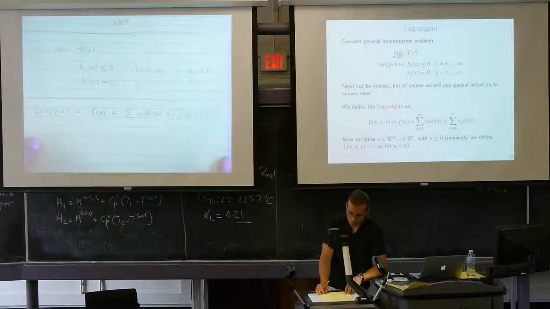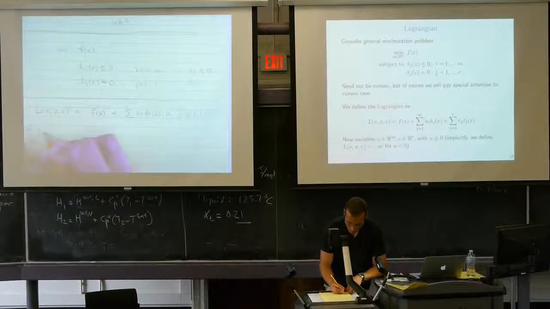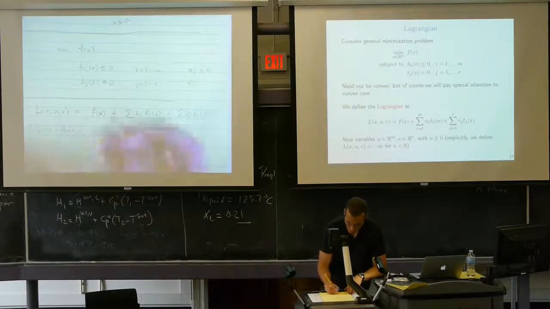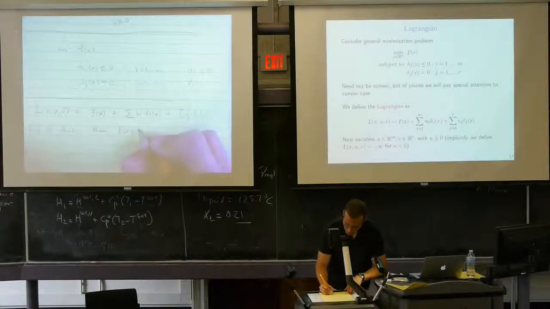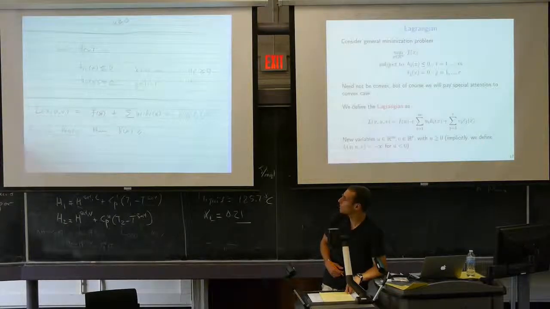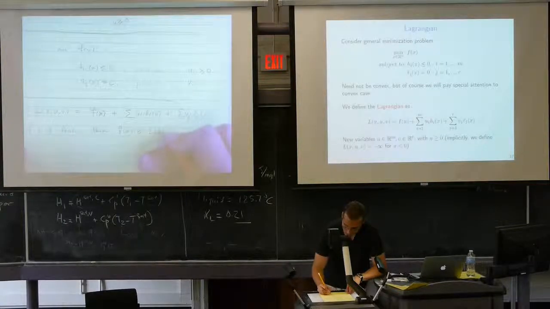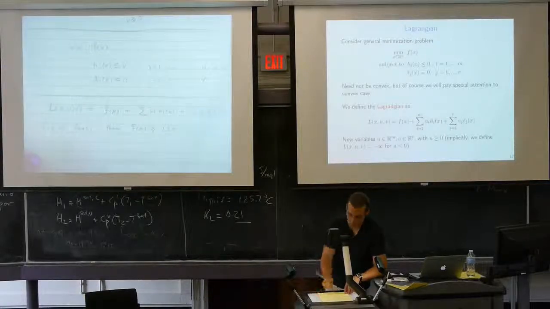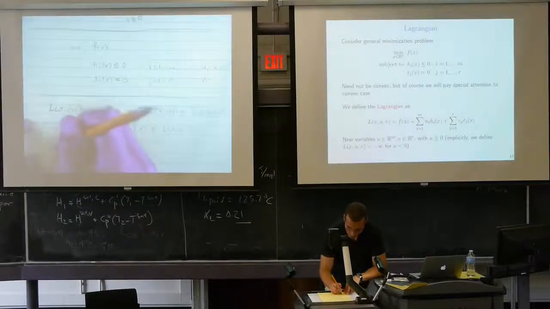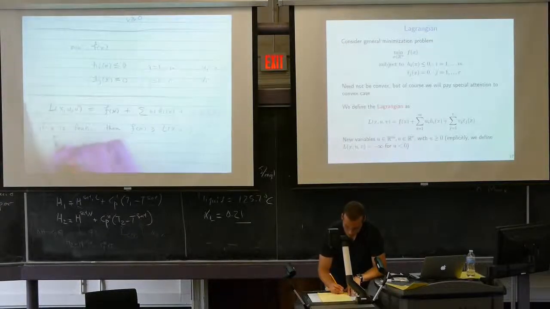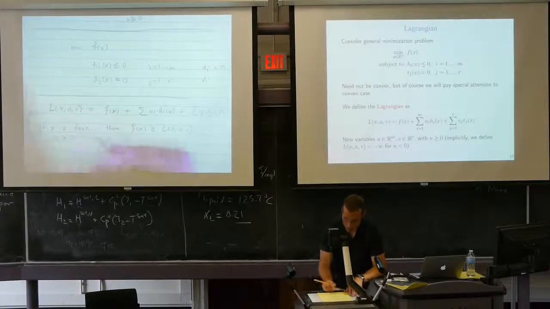And what do we know? We know that if x is feasible, then I claim that f of x is bigger than or equal to L of x, u, v. Actually, one more thing: I need each u_i to be bigger than or equal to 0.